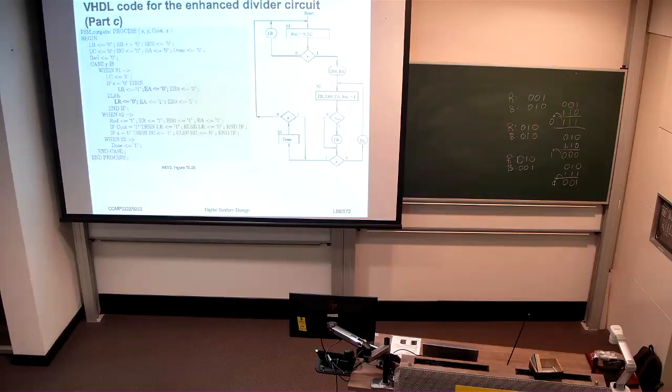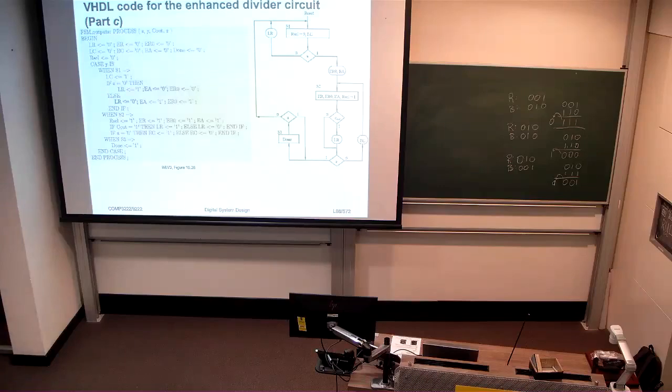Therefore, we clear all of the control signals. We give them a default value right at the beginning so that none of them are changed in value, so that they're all given a value within this process and none of them have to remember what the value was when we entered this process.